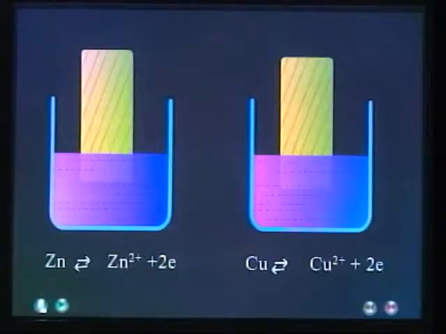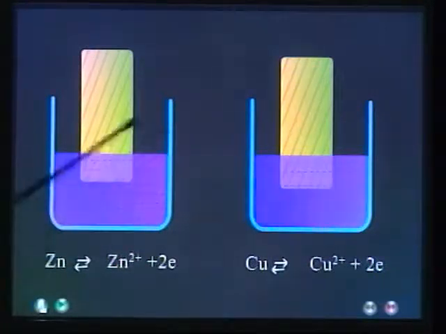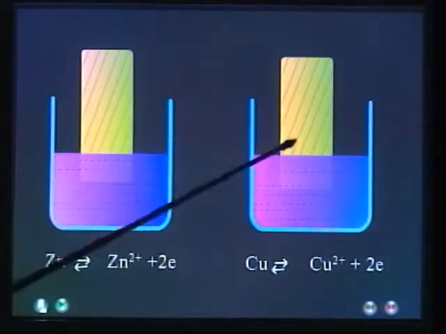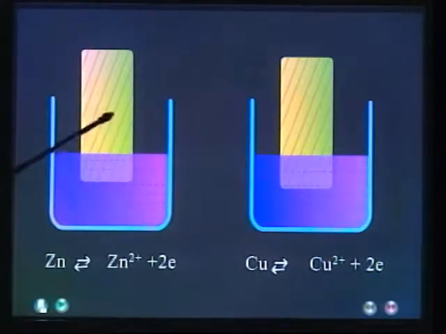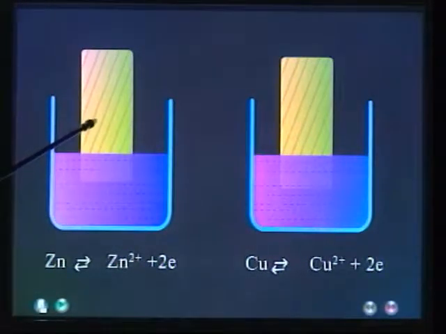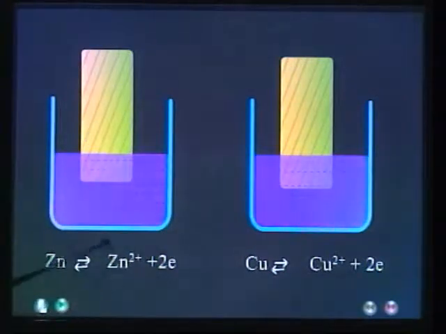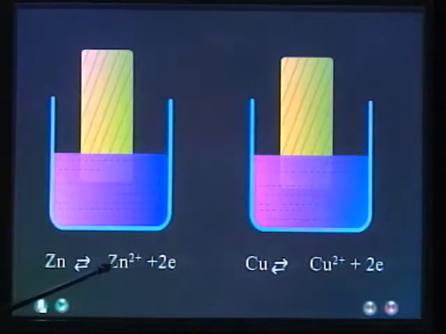When any metal is present in a solution of its own ion, as in the first or second diagram, we can have two possibilities. One is that the metal atoms present in the metal can undergo oxidation to give the corresponding ion. We can consider this the forward reaction.